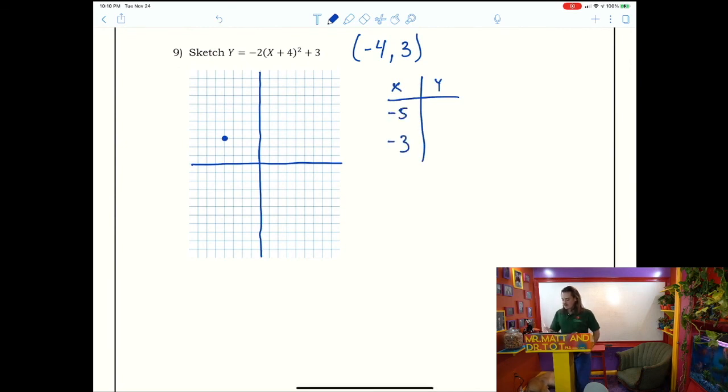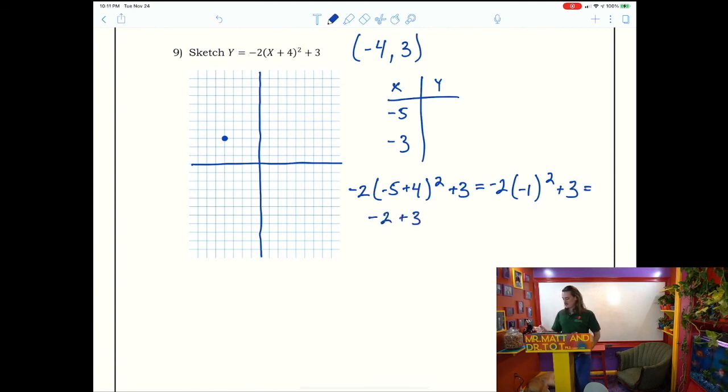So at -5, I get -2 times -5 plus 4 quantity squared plus 3. That's going to be -2 times -1 squared plus 3. -1 squared is +1. +1 times -2 is -2. -2 plus +3 is going to be +1. So at -5, I'm at +1.